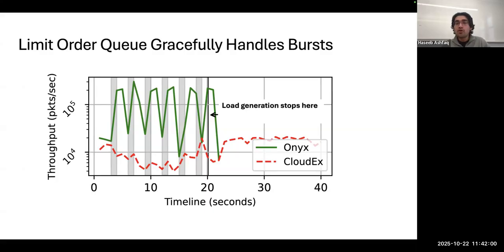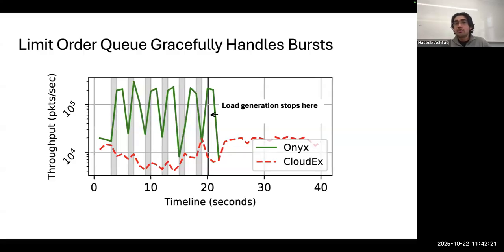The cumulative order generation rate by 10 market participants in this experiment is 100,000 packets per second. But during burst periods, in the shaded regions, the order generation increases by 20x.